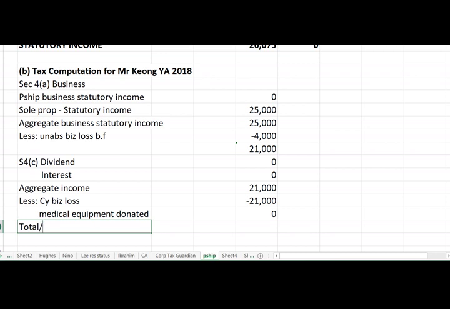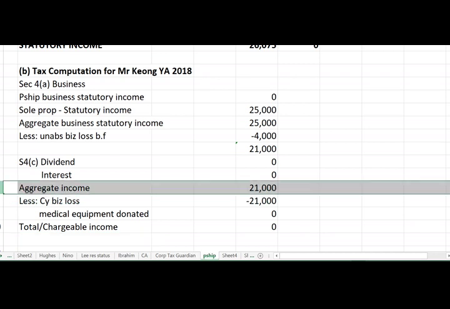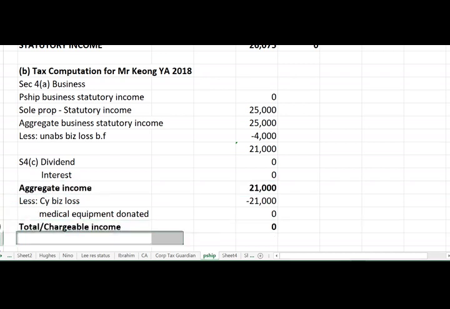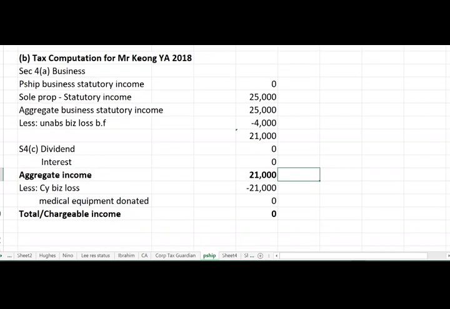So the total chargeable income would just be nil. And once you minus off the loss, you actually will still have business loss carried forward. How much is that? Okay, 17,475.